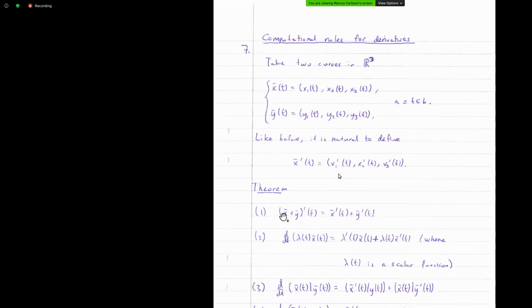And then we can add curves, of course. Well, I take that back. You cannot really add curves, because you need to know which point on one curve to add to the corresponding point on the other curve. But if you have 2 parameterizations of 2 different curves that run on the same t-axis, time axis, then you can add them.